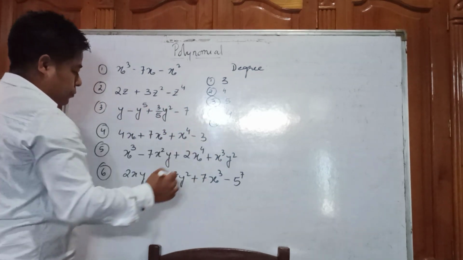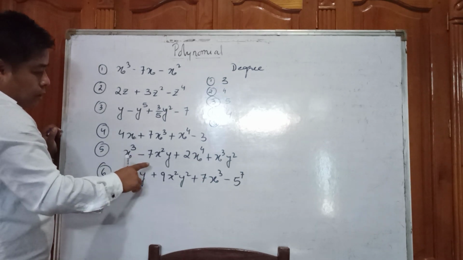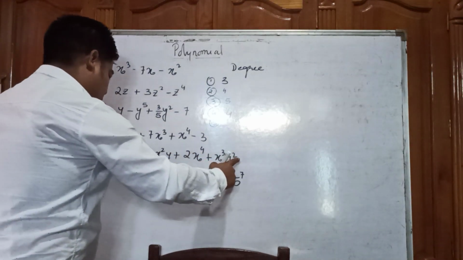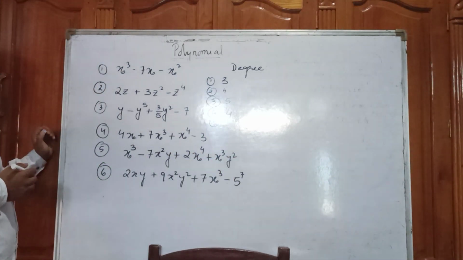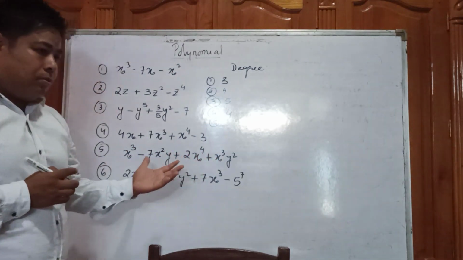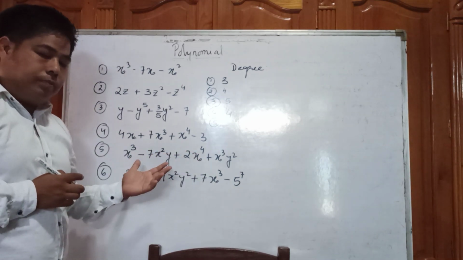In 5, let's check. Now let's check example number 5. Such kinds of polynomials may not be in your books, but they are there in the reference book.